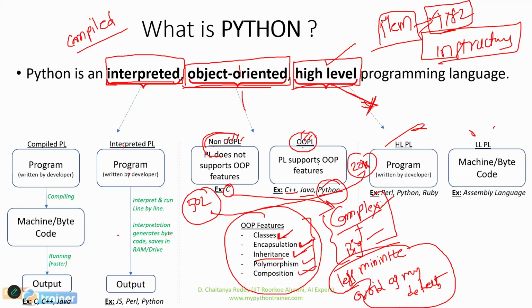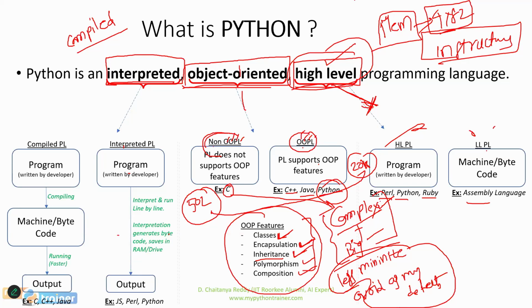We can divide languages into multiple categories: high level, low level, machine level, or assembly language. Machine and assembly are low level programming languages. Python, Perl, Ruby, C, Java, these are all high level programming languages. The majority are high level because it's easy to understand, easy to read, and easy to write. It's normal, simple English. That's it.